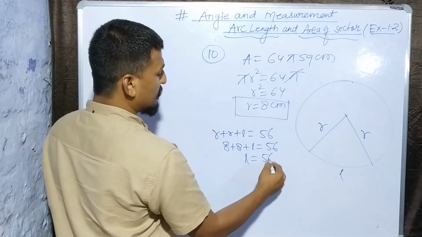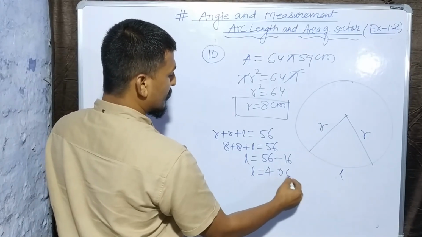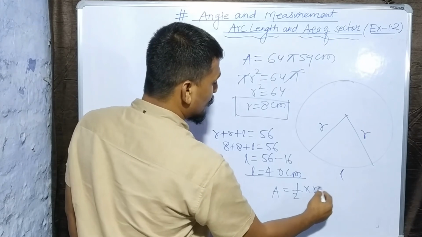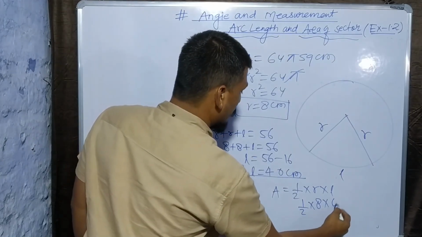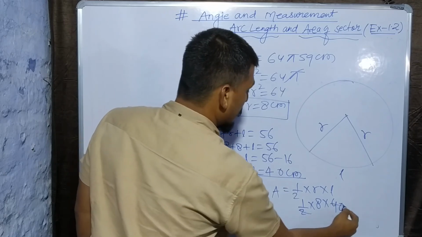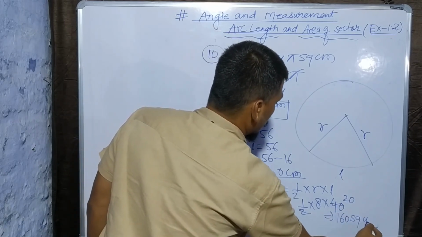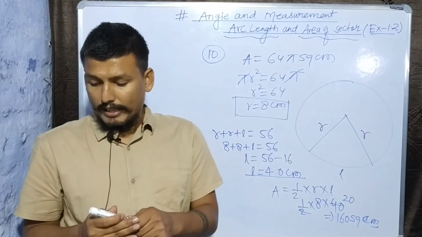L is equal to 56 minus 16. L equal to 40 centimeter. And area is half into R into L. So half into 8 into 40. This becomes 160 square centimeter.